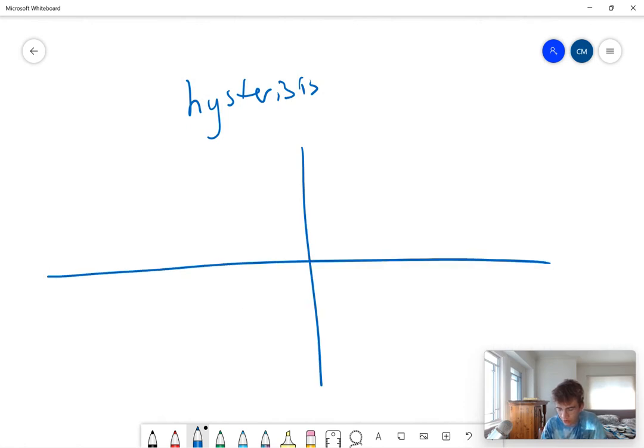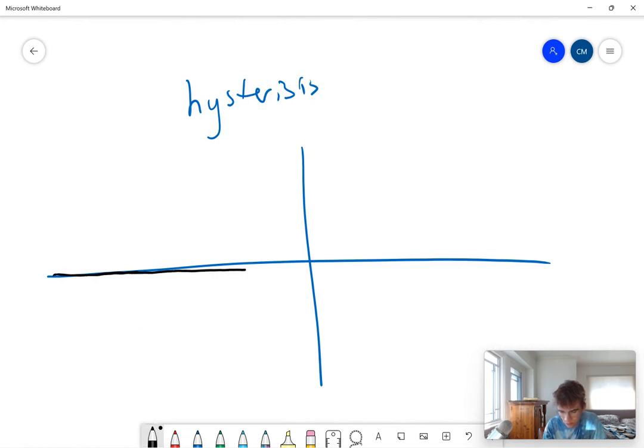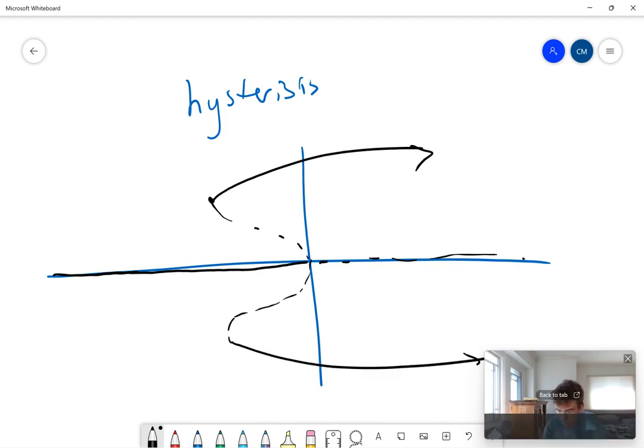Say we start our system, let's draw our diagram again. So we have stable, unstable here. Okay, so if we started out at this stable value here, and then we start pushing out r. Remember that I can always draw a vertical cross section and analyze the actual flow of my system on this cross section.